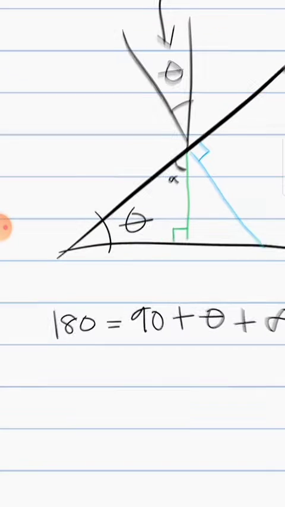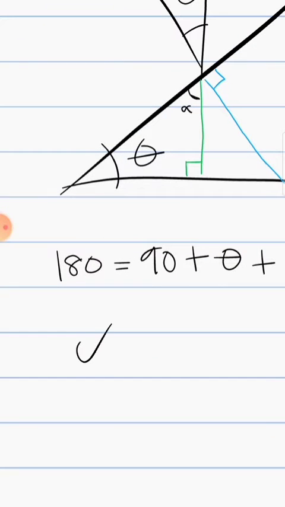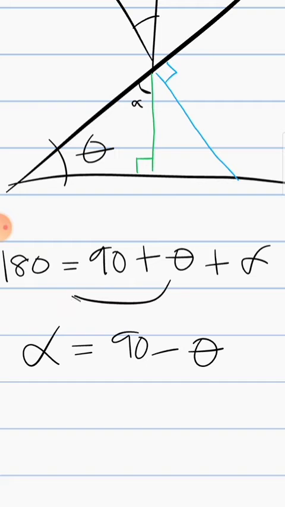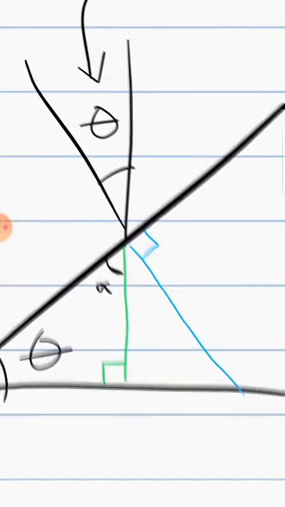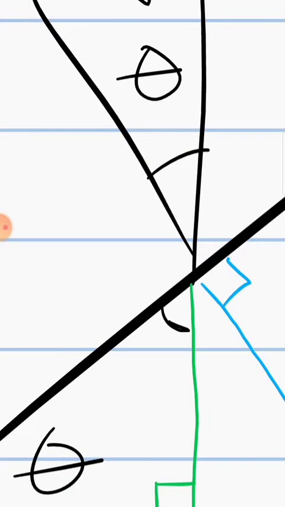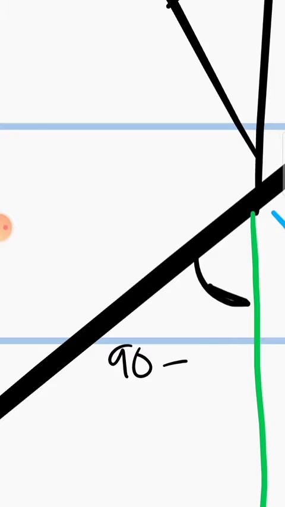Or in other words, if we transpose, that would be 180 minus 90, therefore alpha is equal to 90 minus theta. Transposing this one to the other side. So now that we know this is 90 minus theta here, let's write it down, 90 minus theta here.